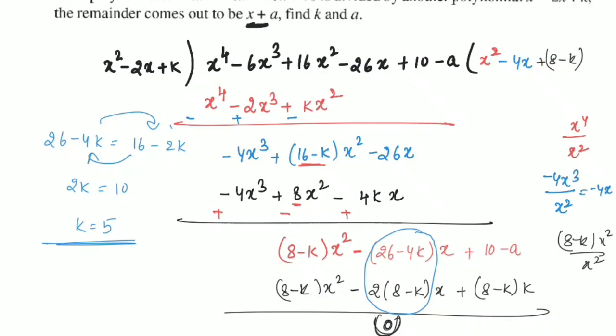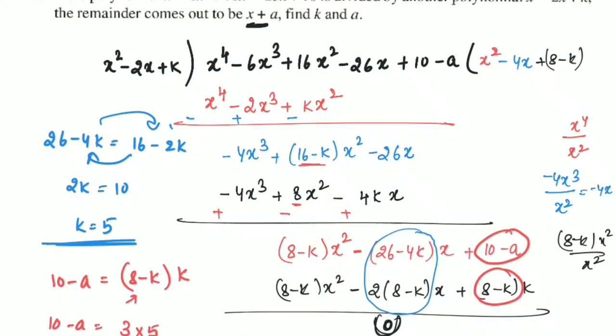Now another one. Equate 10 minus a with 8 plus k into k. K is 5. So 10 minus a is equal to, if I substitute 5 here, 3 into 5, 15. Therefore, a is equal to 10 minus 15, that is minus 5. So the value of k is 5 and the value of a is minus 5.